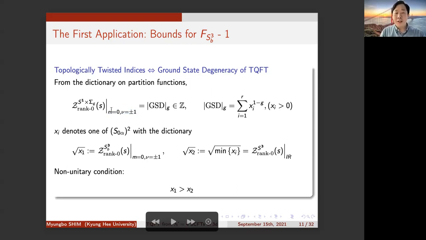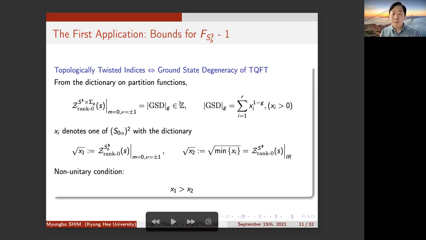From our dictionary, this supersymmetric partition function on S1 times sigma g in the degenerate limit corresponds to the ground state degeneracy of the topological theory on the Riemann surface of genus g.